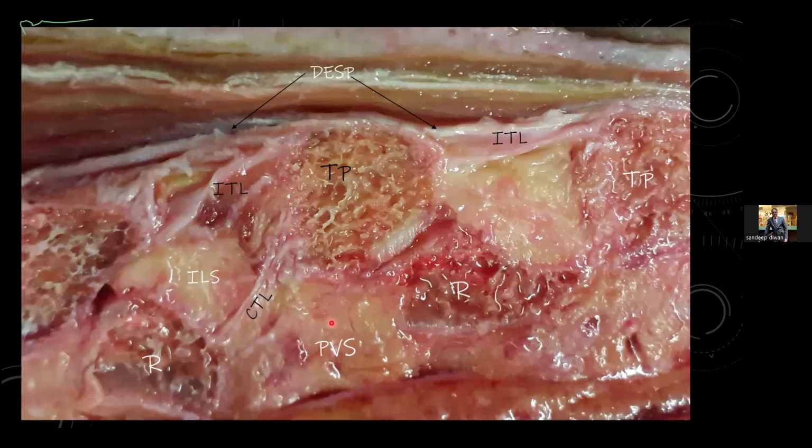The motor sensory, the ventral and the dorsal rami, would be in the paravertebral space. The dorsal rami would be in the interligamentary space, and the branches of the dorsal rami would be in the erector spinae plane. So ideally, if you want a motor, sensory and a sympathetic blockade, we would inject in the paravertebral space. If you want just the dorsal rami, we would inject in the interligamentary space.